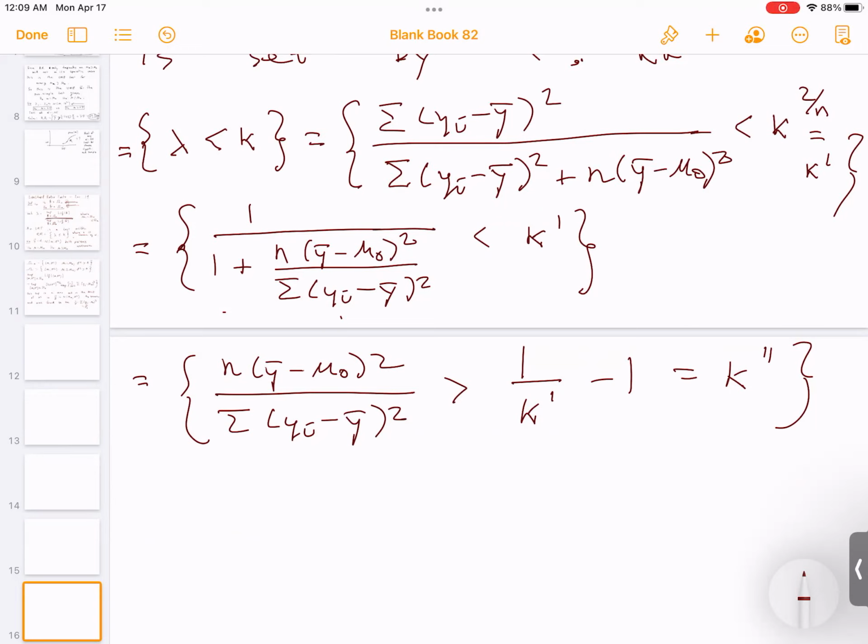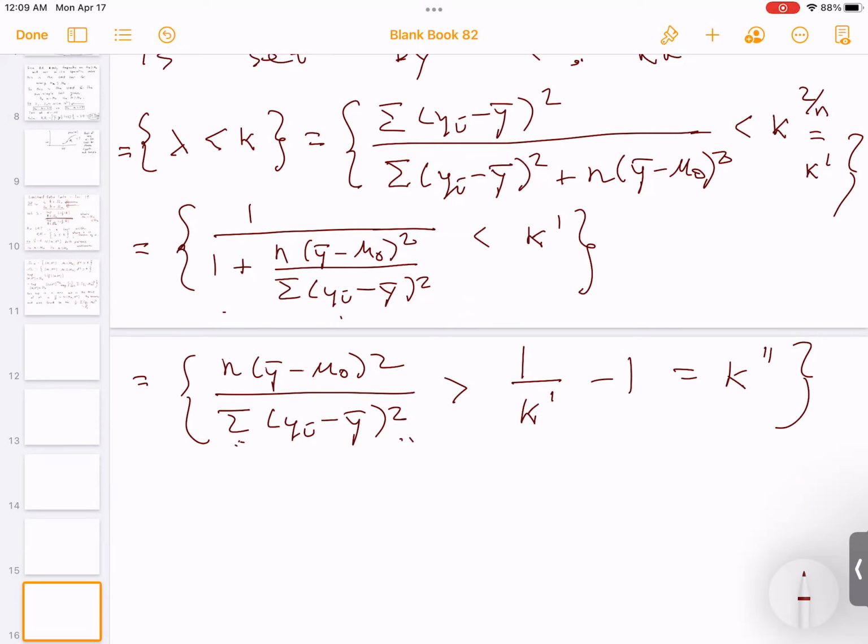So hope this makes sense. Let's continue. One thing I can do is call this s squared, which makes it a little prettier.